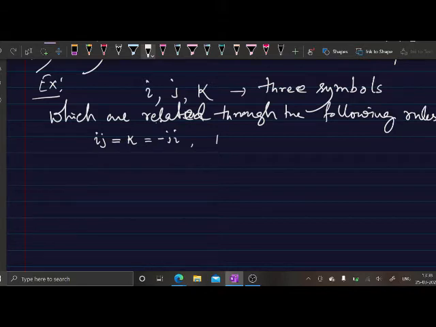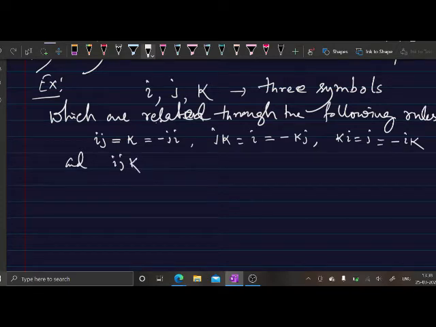That is, if you put jk, it will give you i, and the same way you can write minus kj, and then ki equals j, that will be equal to minus ik. And if you write them together, ijk, this will give you minus 1.